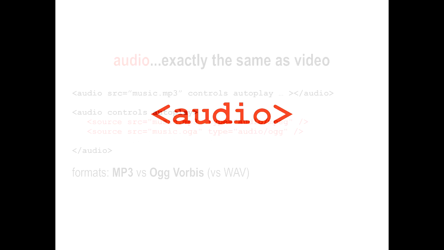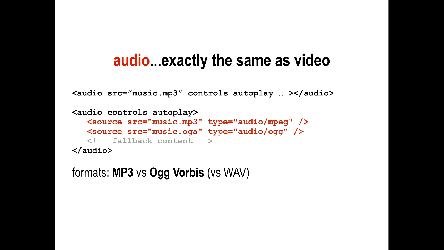Right, audio. Unsurprisingly, it's exactly the same as video. So all the things that I mentioned, obviously it hasn't got a picture, all the things I've mentioned apply to the audio element as well. You could do a very minimal audio element just with a single source, pointing it to something. You can say, I want the browser to provide controls.